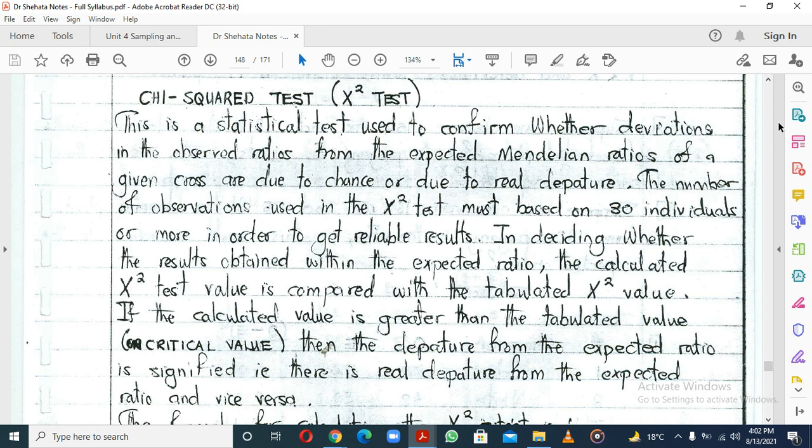In chemistry, we've been looking at standard deviation, so that's why it comes in handy. Now, the number of observations used in the chi-squared test must be based on 30 individuals or more in order to get reliable results. So here is the catch.